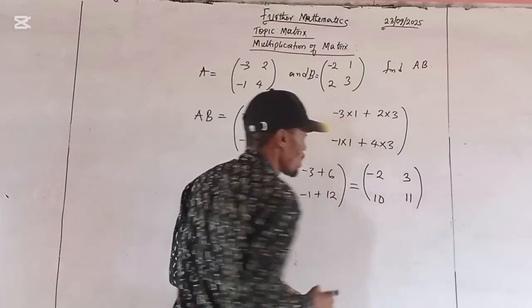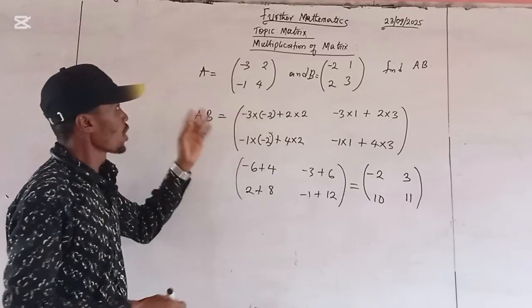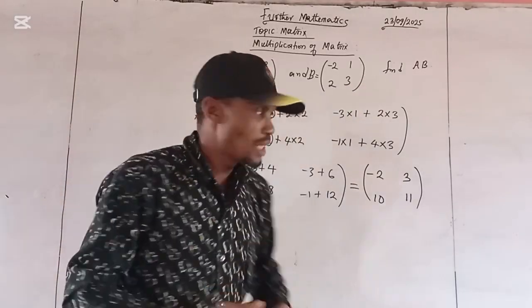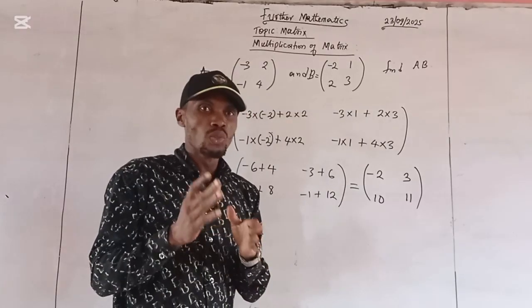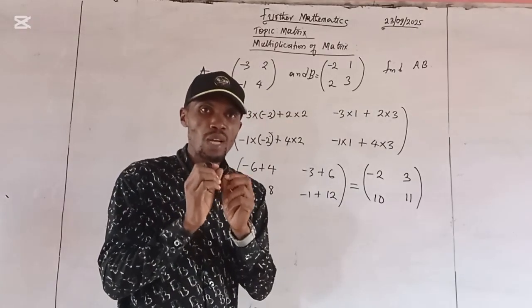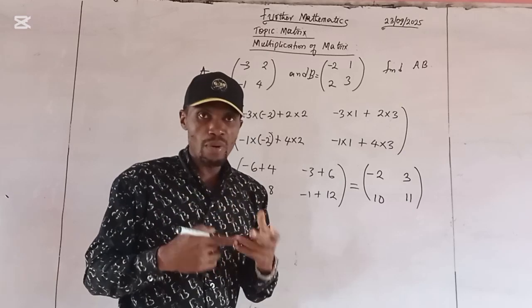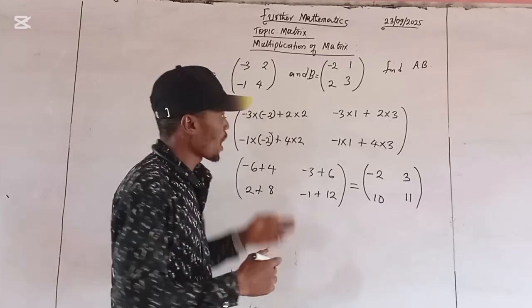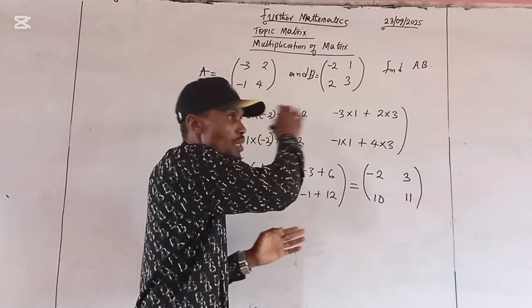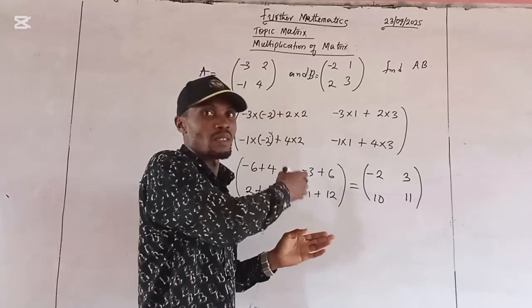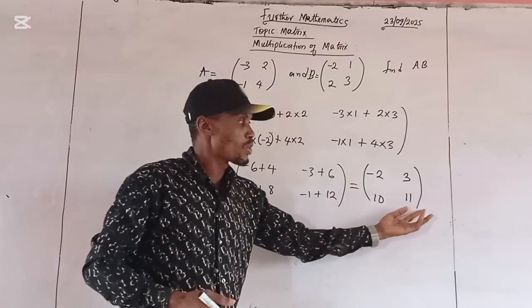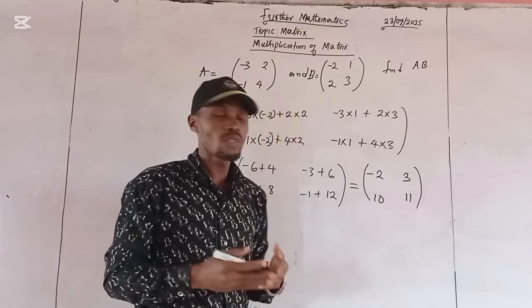So this is the product of A and B. Generally, we can do this using this simple approach. If you can memorize the formula, it's okay. But if you cannot memorize, you can just follow the pattern and the approach which I have used to come to this point. You will still get your answer.